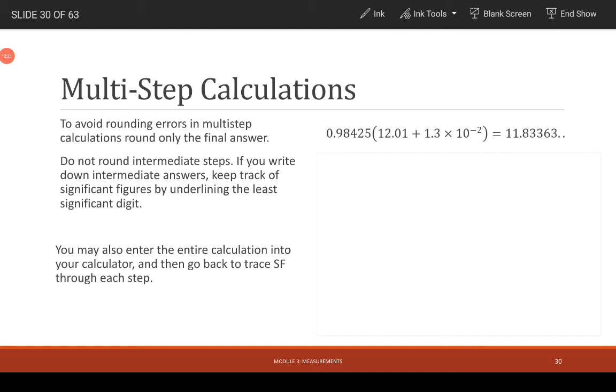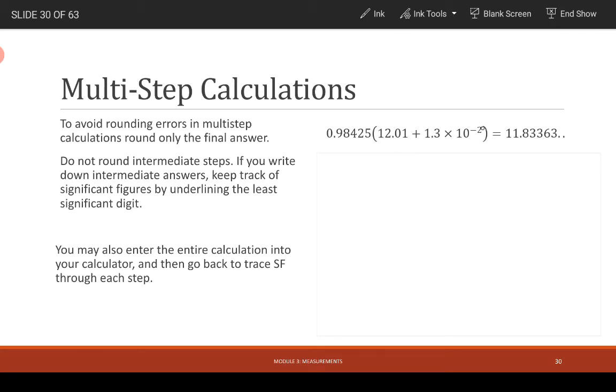Let's see how those significant figure rules apply to a multi-step problem that involves mixed operations with addition and multiplication rules being applied. The first thing you need to do is just go ahead and calculate the full answer as if you were in a math class, not in a chemistry class with measured values that you have to worry about sig figs on. So you can go ahead and type into your calculator this full thing.